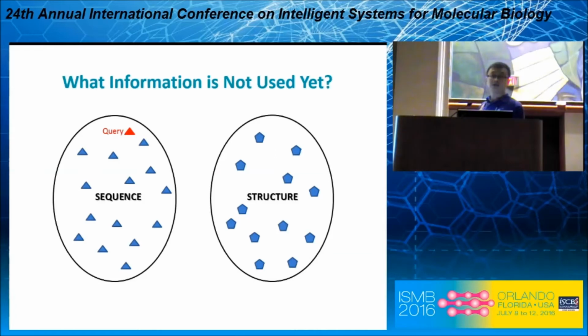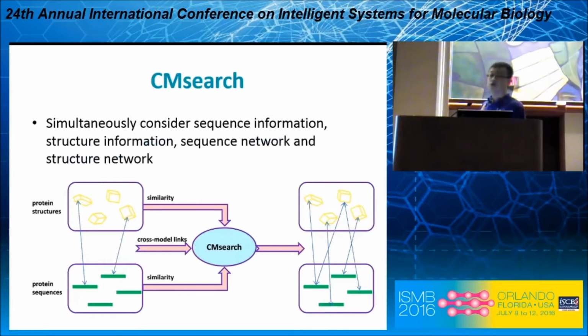So we wanted to develop a machine learning framework that can simultaneously and explicitly incorporate the entire sequence space information and structure space information, and we want to see whether that can help improve protein homology detection and consequently protein structure prediction. So based on that idea, we developed this machine learning framework called CMsearch, which denotes cross-model search.